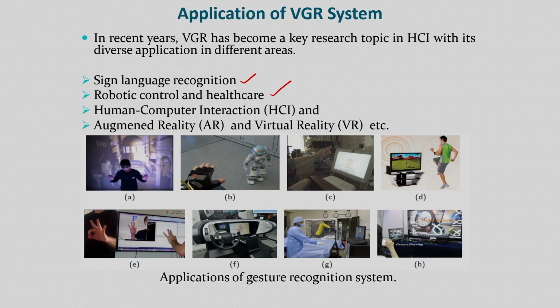One is the human computer interactions, the human computer intelligent interactions, and some applications in augmented reality and virtual reality. So here you can see the sign language recognition. This application is in virtual reality, and this is in the healthcare applications. This is the robotic interactions. So there are many applications of VGR, that is the vision based gesture recognition.